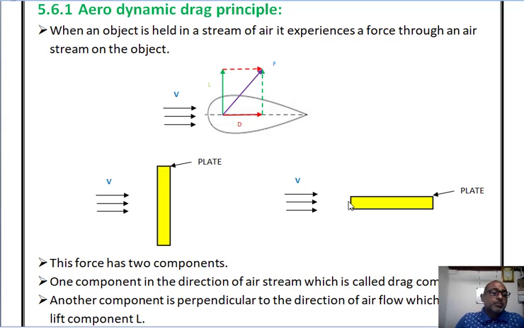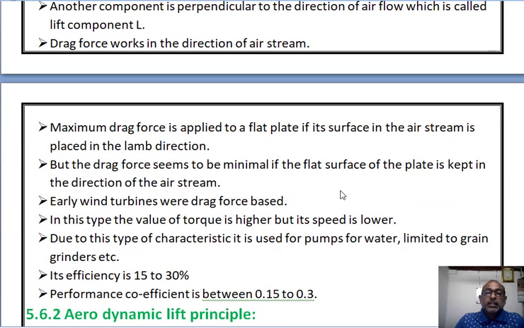In this type of turbine, the torque exerted is high, but its speed is very low. Because of these characteristics of this type of rotor, it is used to lift water for pumps, and also for grain grinders.